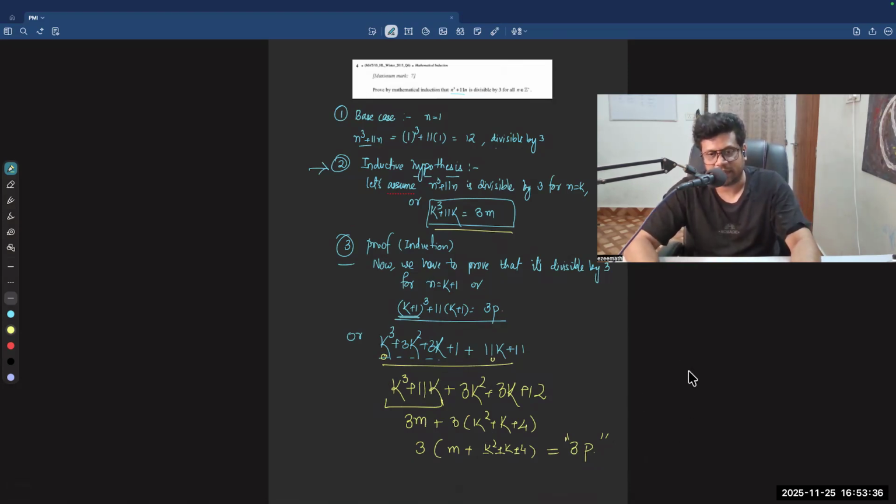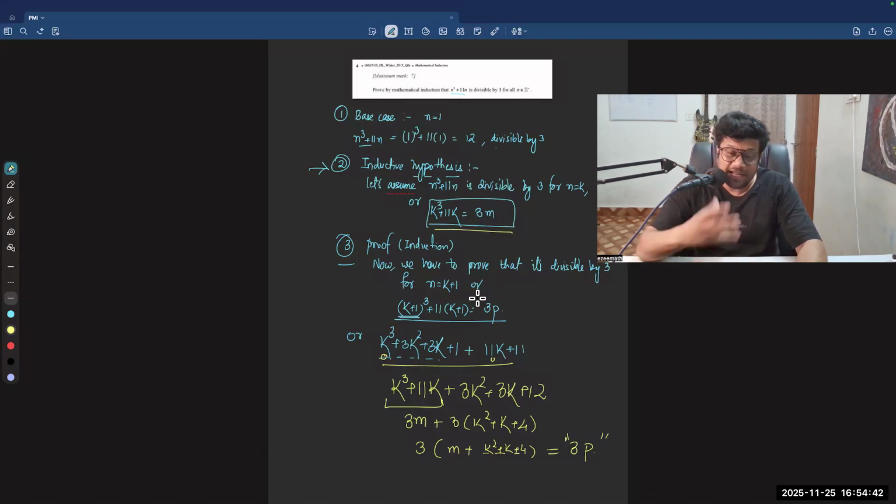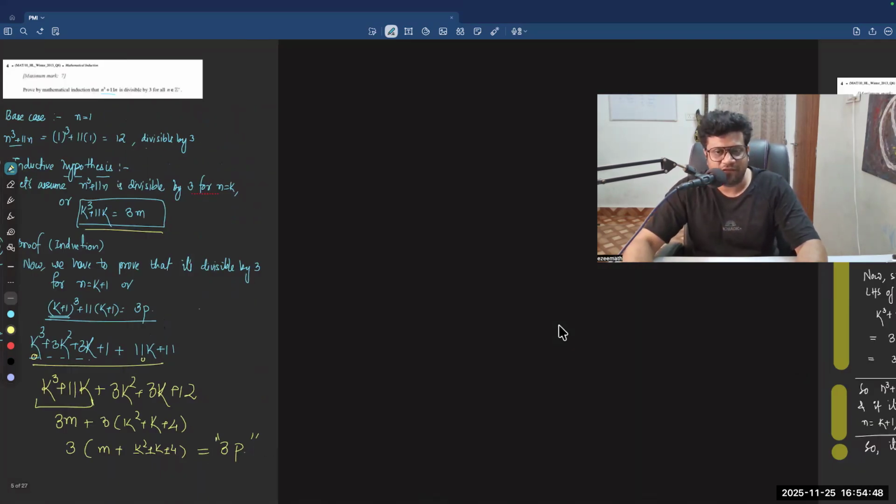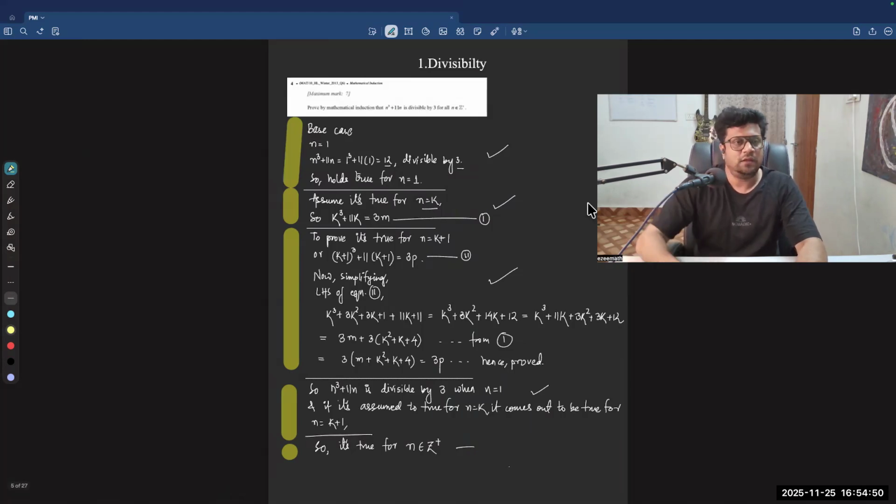Okay, wait a second. A better structure of it, a structure which fetches you all the 7 marks, I'll show it to you. You watch it carefully. I've divided it into sections. There is your section number 1, section number 2, 3, 4, and 5.